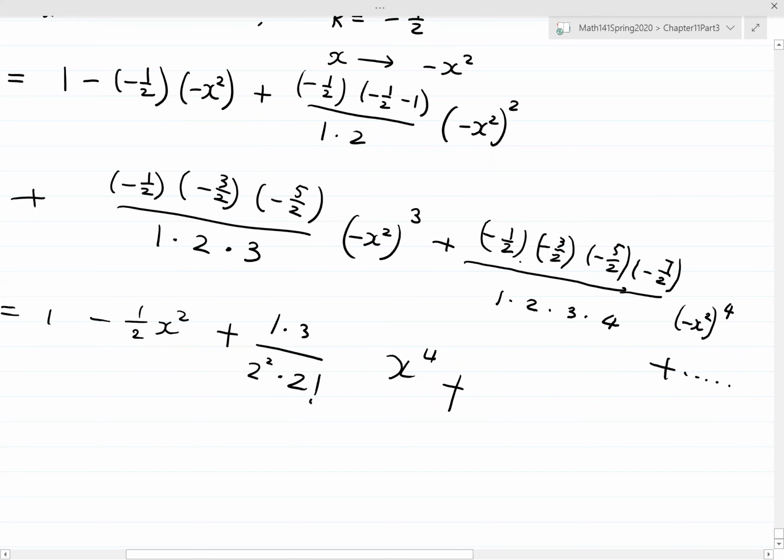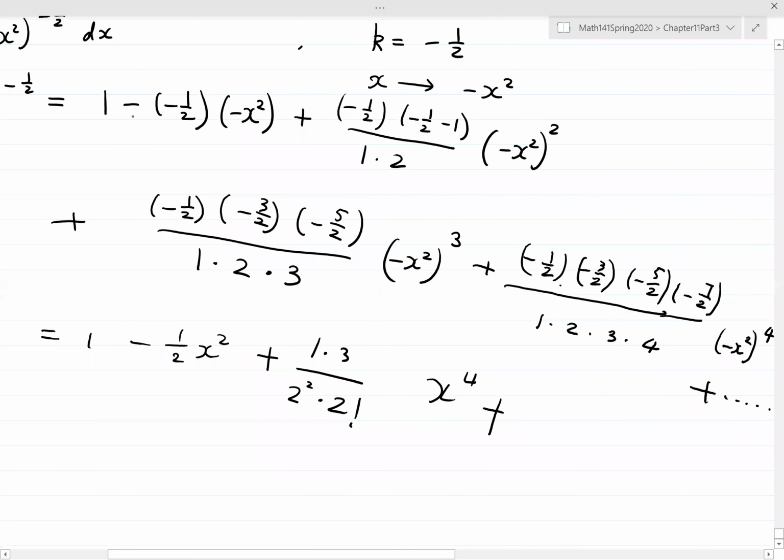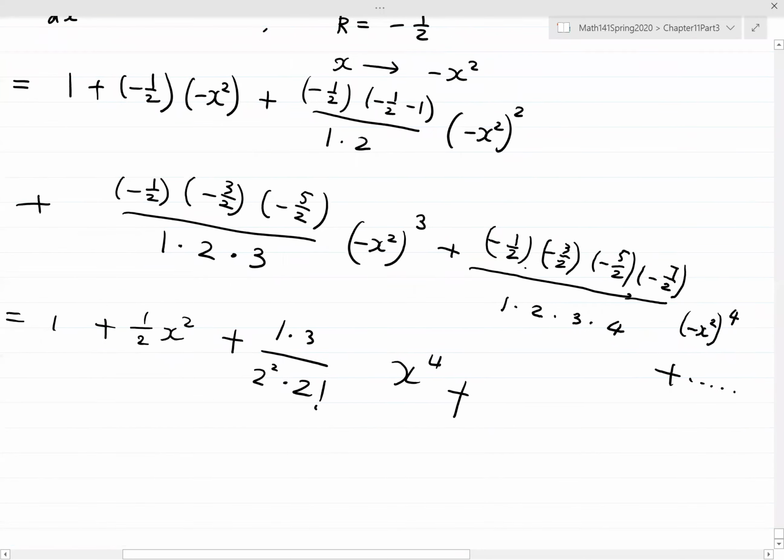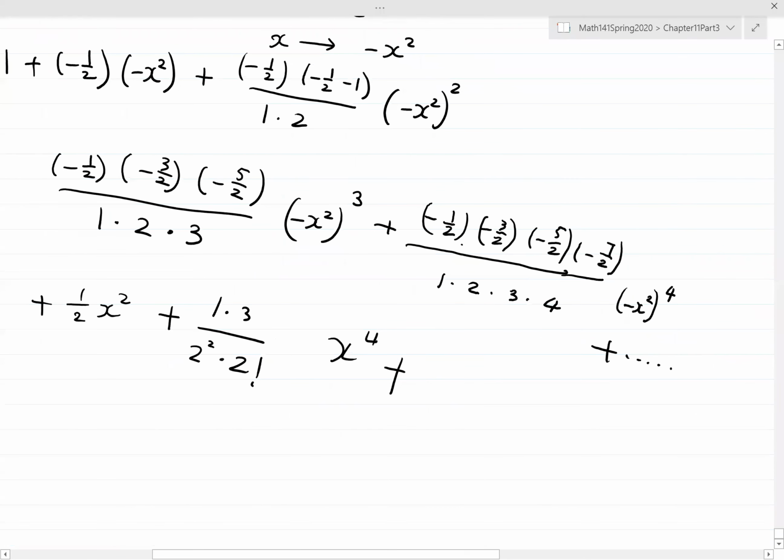Did I make a mistake? This is actually plus. Then we get 1 times 3 times 5 over 2 to the power 3 times 3 factorial, x to the power 6.